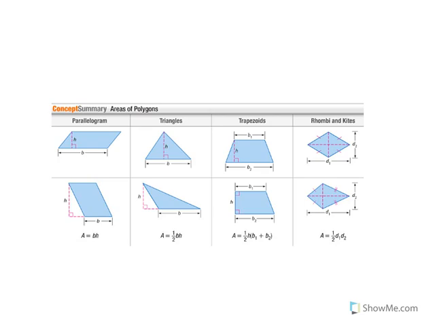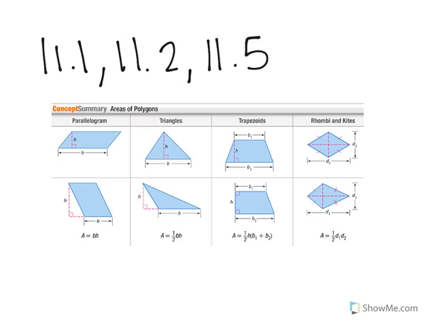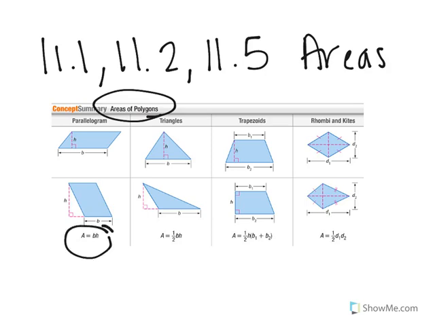But for today, let us start with 11.1, 11.2, and 11.5, which is all about, as you can see, areas. So areas of polygons. Now, many of these areas you already know. So just like area of any parallelogram is base times height, or a lot of you know it as length times width. Area of a triangle, 1/2 base times height, or base times height divided by 2.